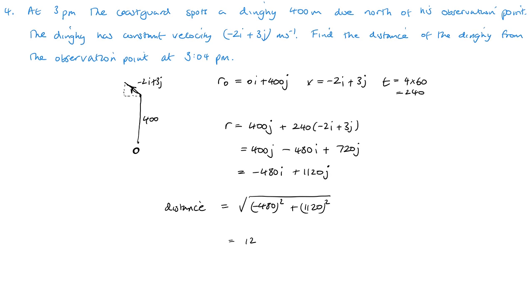And that gives me 1218.5 meters from the observation point. Okay, and that's to 1 decimal place. Or 1,220 meters to 3 significant figures. However you want to round this off. And there we have the final question.